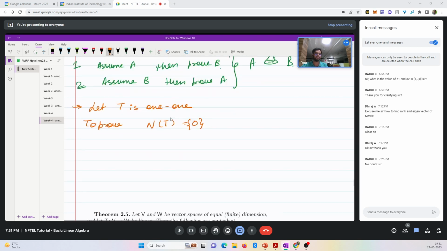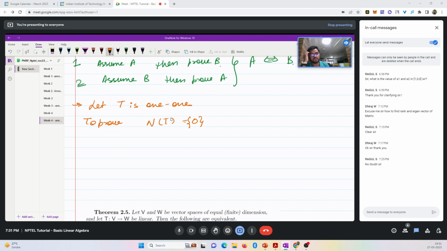We are given that T is 1-1, and one thing we already know is that T of 0 is always 0. So let's look at how the null space of T can look. One thing we are very sure of is that 0 always belongs here. Your 0 belongs to the null space of T.